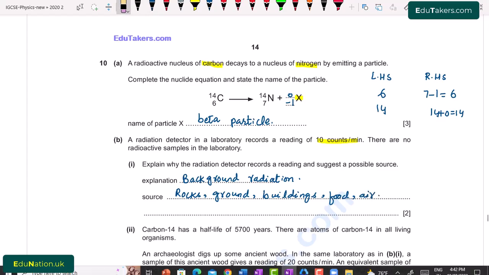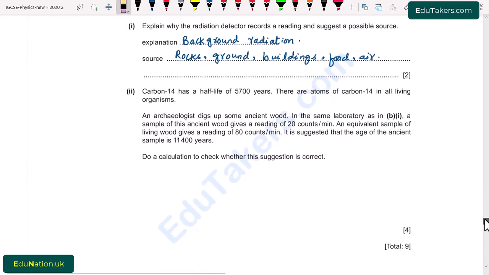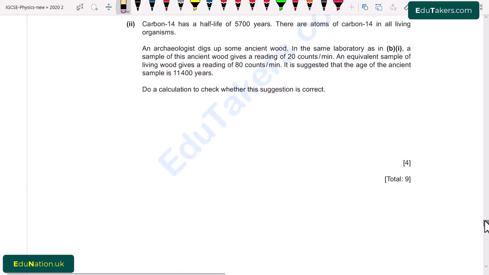Part 2. Carbon-14 has a half-life of 5700 years. There are atoms of carbon-14 in all living organisms. An archaeologist digs up some ancient wood in the same laboratory as in B Part 1.